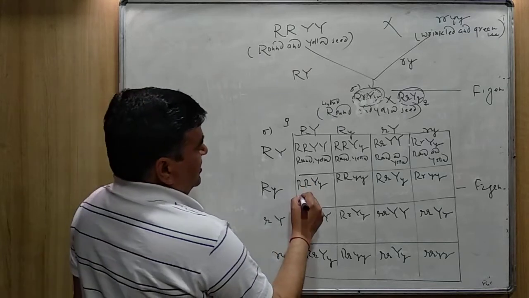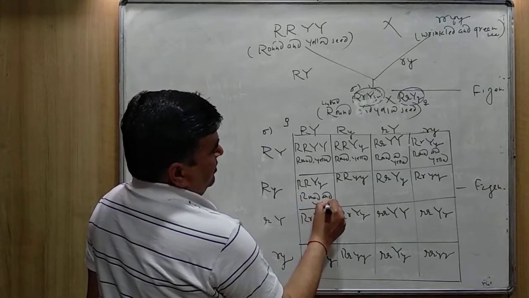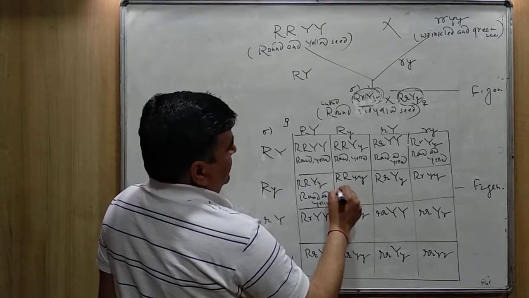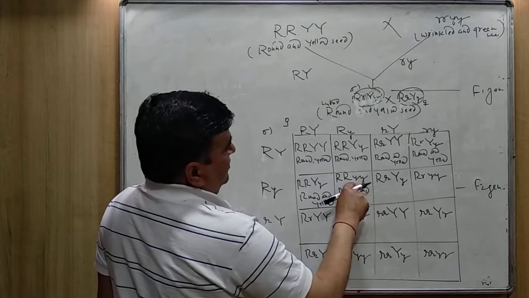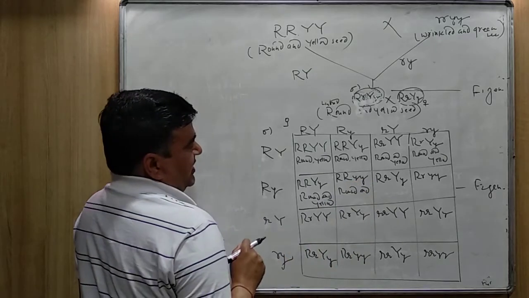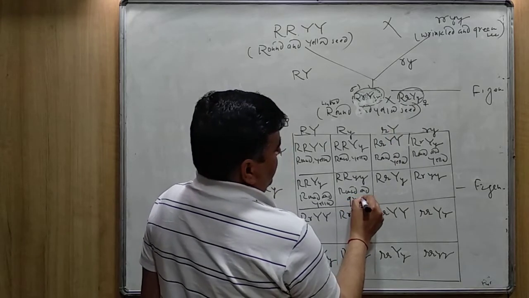Here also round and yellow. Now both the small y are here, then it will be small y for green, round and green.